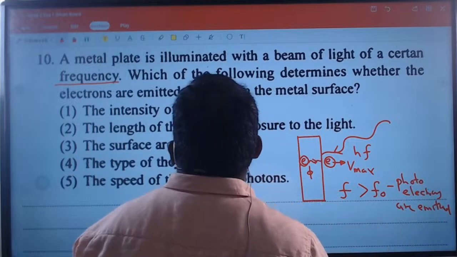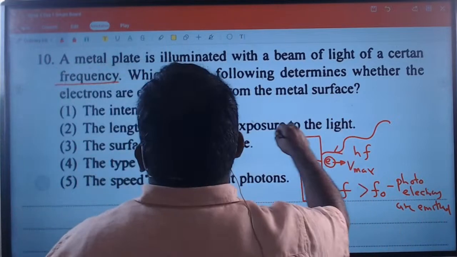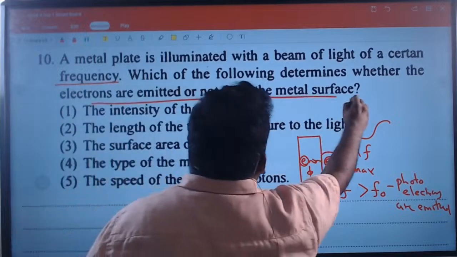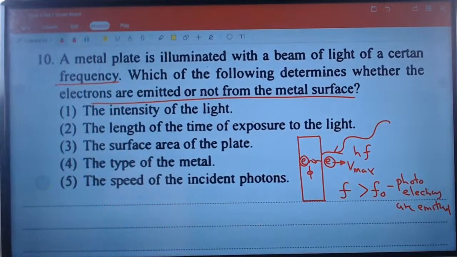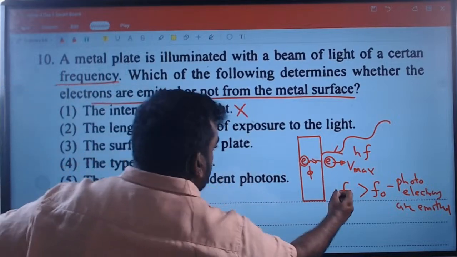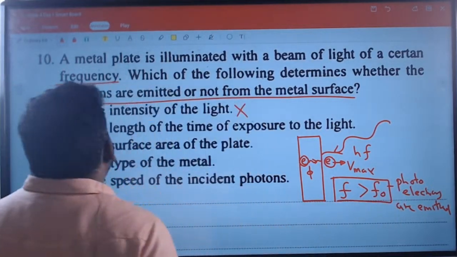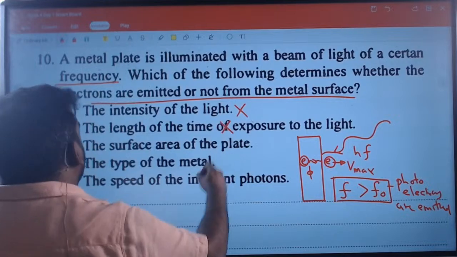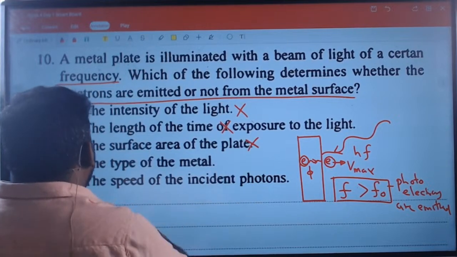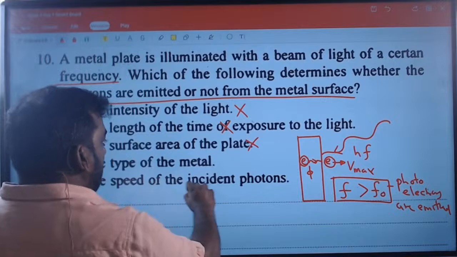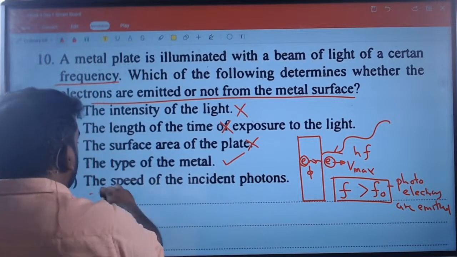Right. Which of the following determines whether electrons are emitted or not? Intensity of the light, wrong. This is your condition. Length of time of exposure, no. Surface area, no. Type of metal, this is correct.